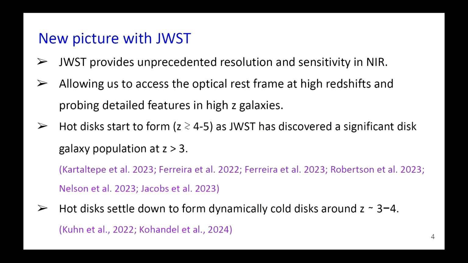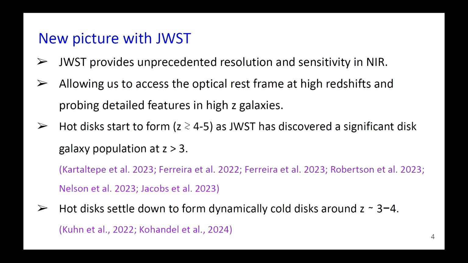So why is JWST different? JWST provides us unprecedented resolution and sensitivity in the near infrared, and because of this wavelength range, it allows us to probe the optical rest frame at redshifts greater than 3, and only in the optical rest frame can we see the underlying disk of a galaxy and other features.